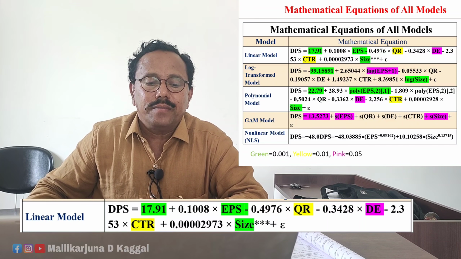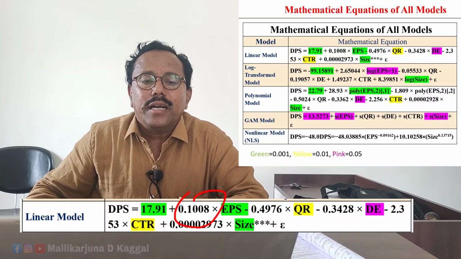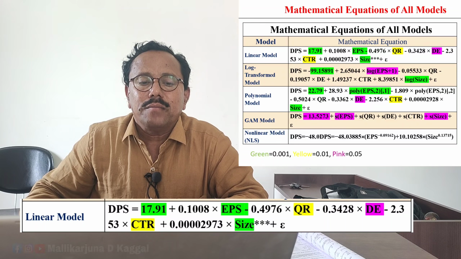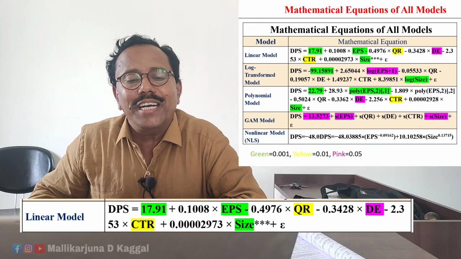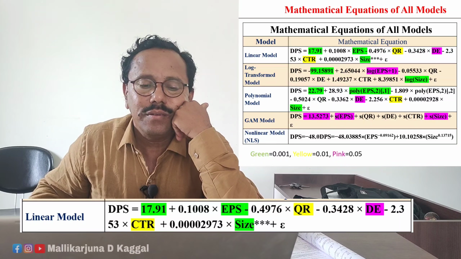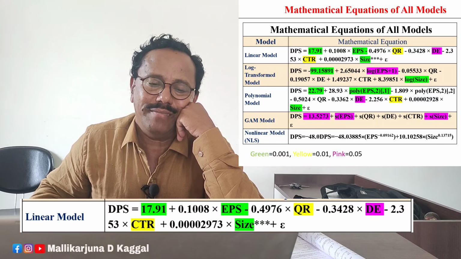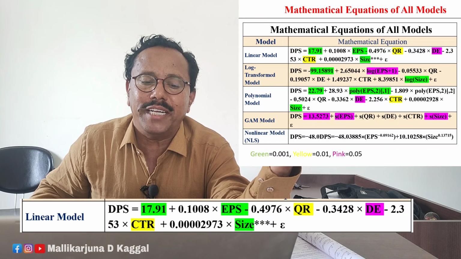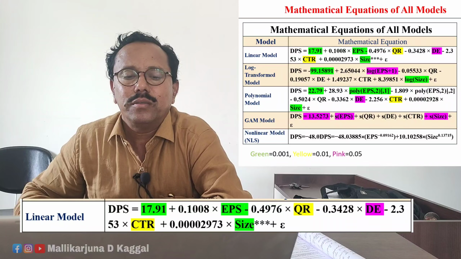What I am saying here is the change in DPS by 0.1008 is due to 1 unit change in EPS. If the EPS is increased by 1 rupee, the DPS, dividend per share, will be increased by 10 paise. Approximately I am saying that value.